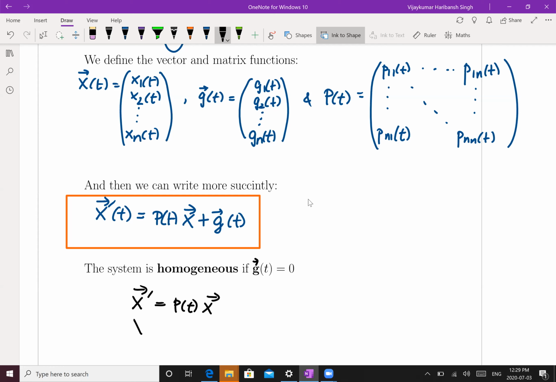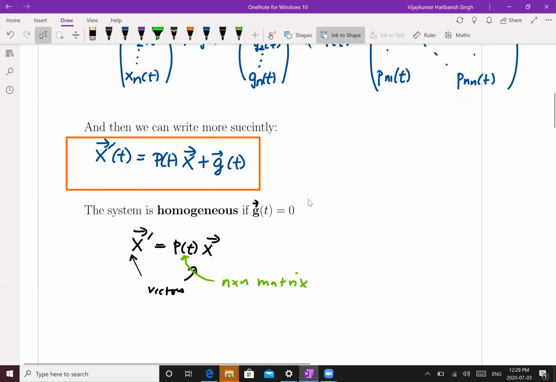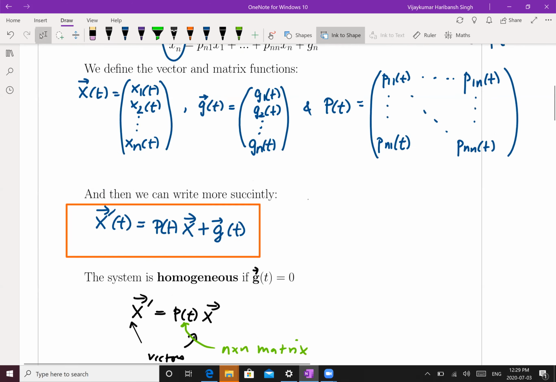Note that these two are vectors, and this is a matrix. This is an n by n matrix, whereas these are n cross 1 vectors, or you can call them column vectors.